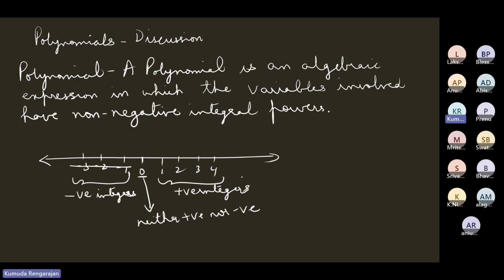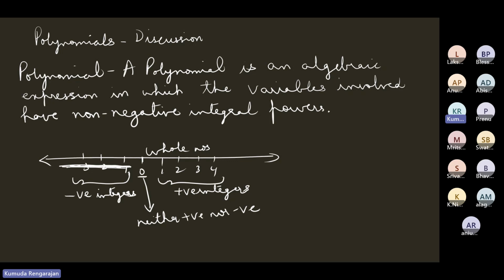So take away the negative integers -1, -2, -3, -4, and you're left with 0 and the positive integers.